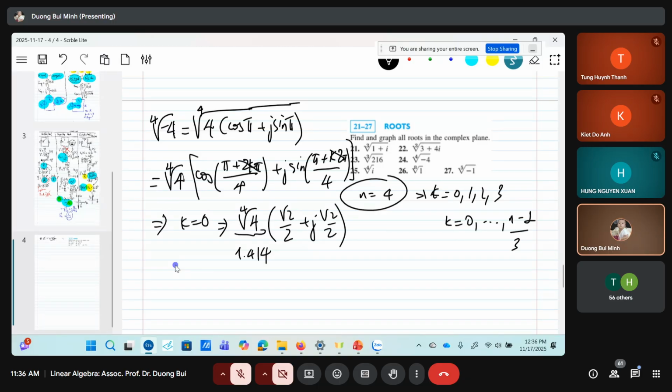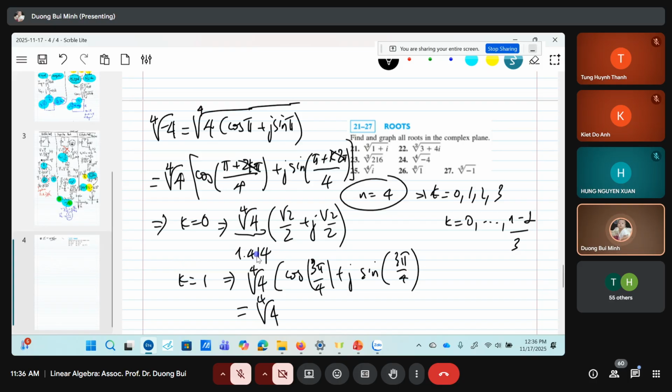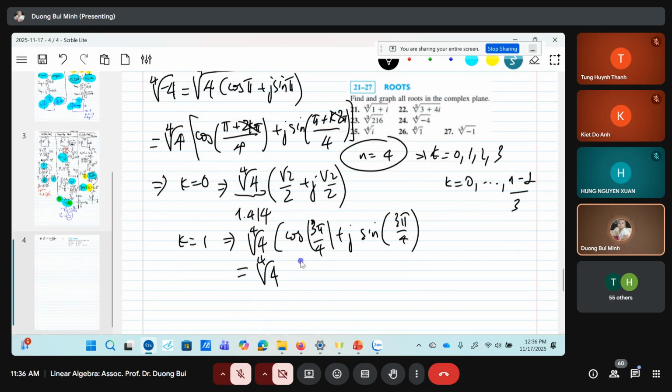Okay, so if k is 1, you get the fourth root of 4 times cosine of 3 pi over 4, right? Plus j sine of 3 pi over 4.